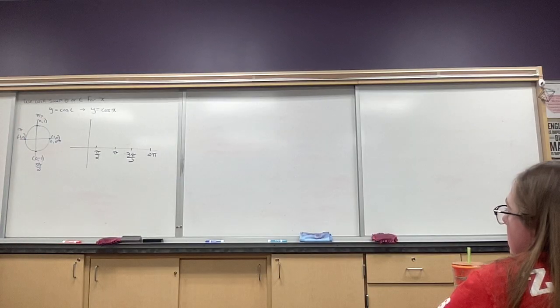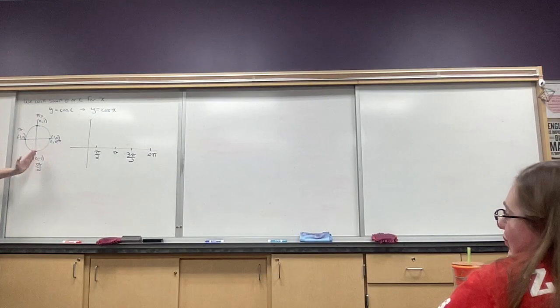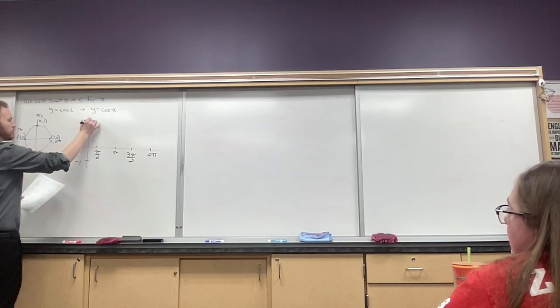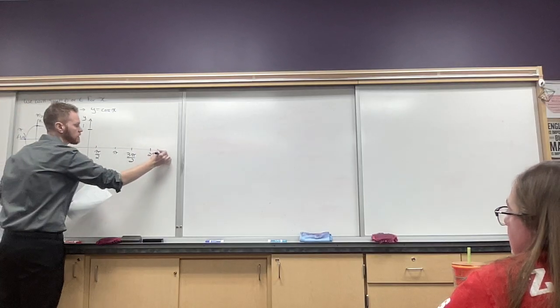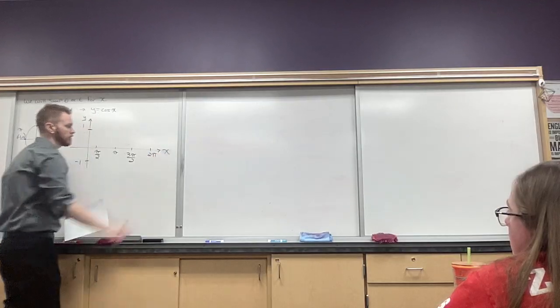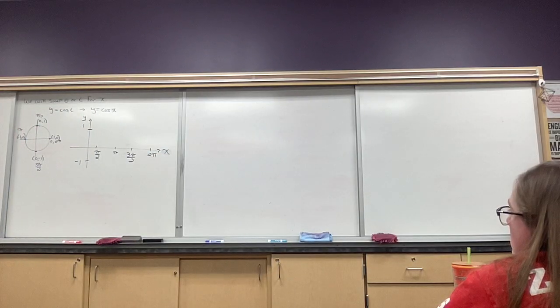And then my y-axis is still going to be 1 and -1. So here's my y-axis, there's my x-axis. All right, so far so good with that? So do you see how we changed the unit circle, or not changed it, but made it into a nice little XY grid there?